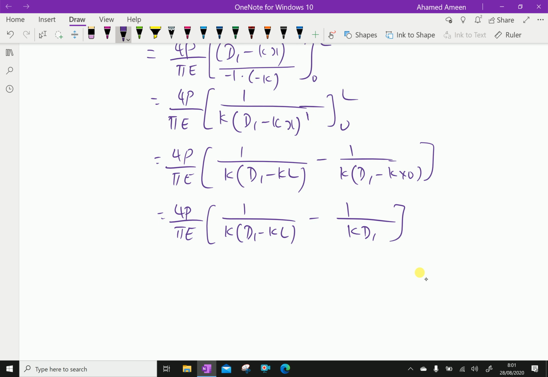Now k is taken out: 4P over pi E k, 1 by (D1 minus kL) minus 1 over D1.